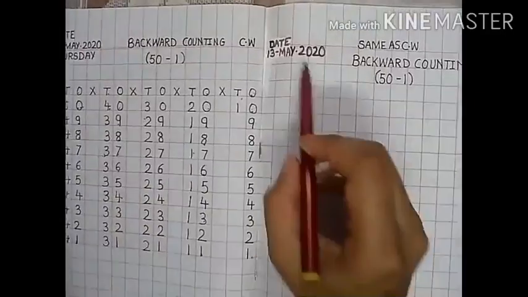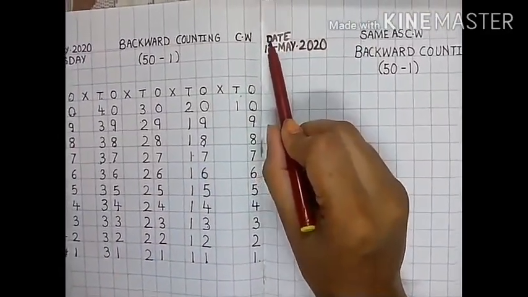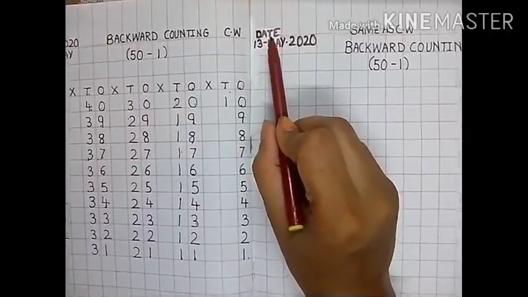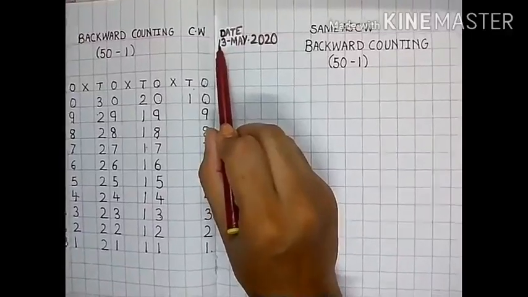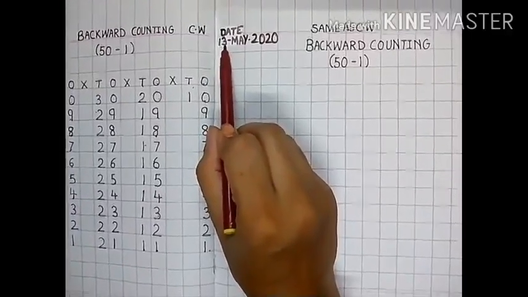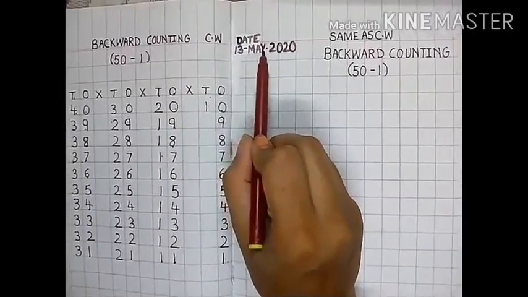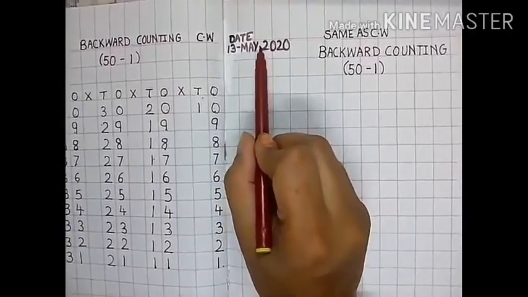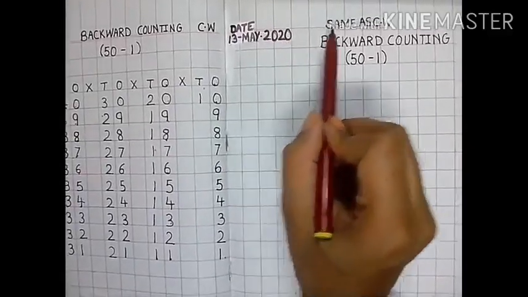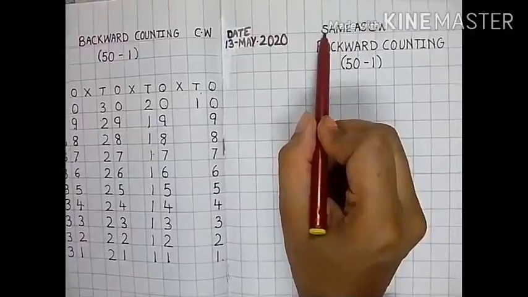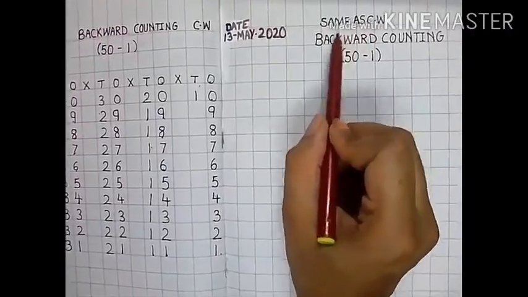On the right side, you have to write down the date. D-A-T-E, date. Date is 13th, 13 dash May dot 2020. In the middle, you have to write the same as classwork.